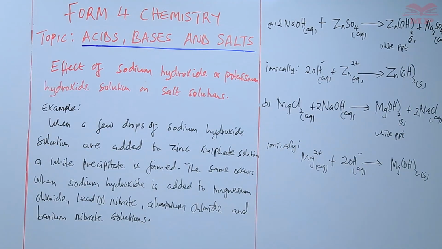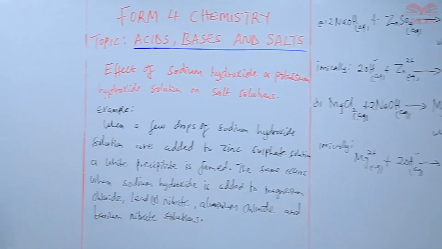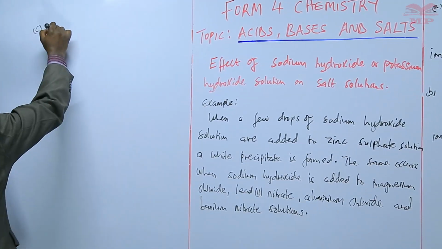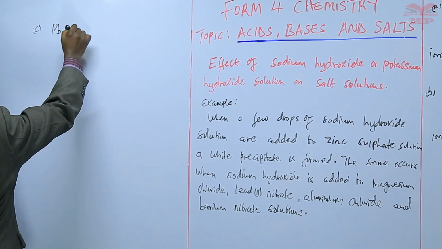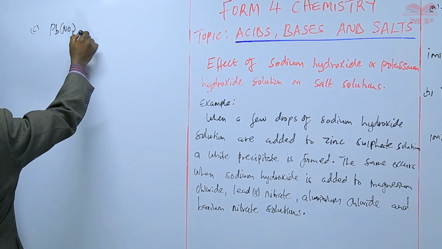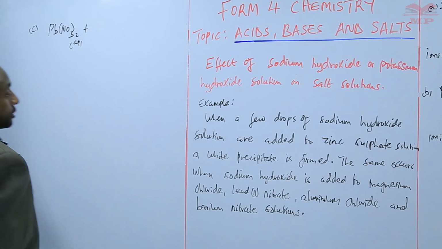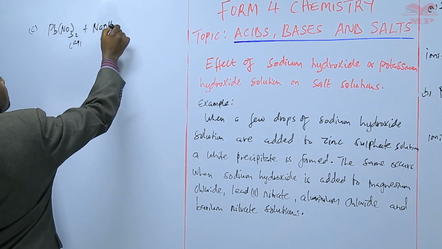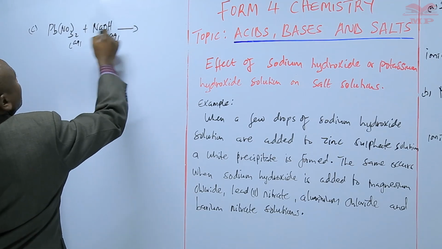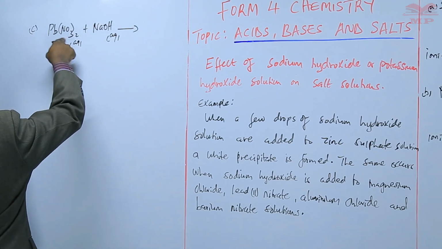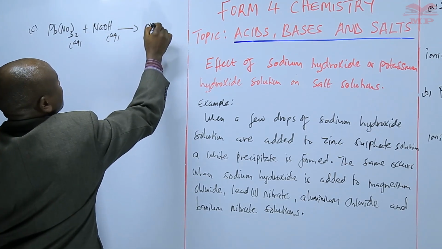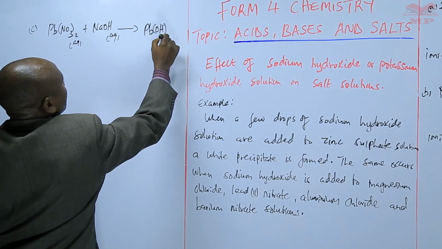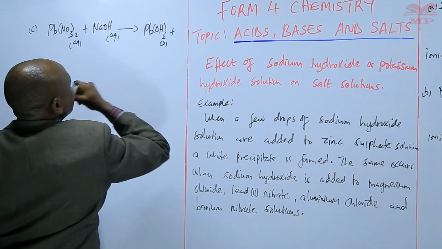Still on the same, we take lead 2 nitrate solution. You add sodium hydroxide again. We form sodium nitrate and lead 2 hydroxide, plus sodium nitrate.